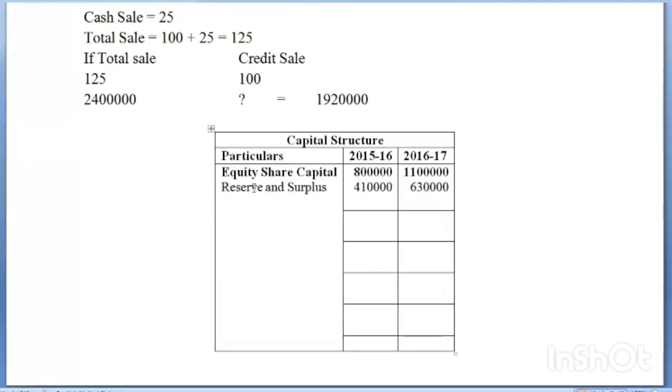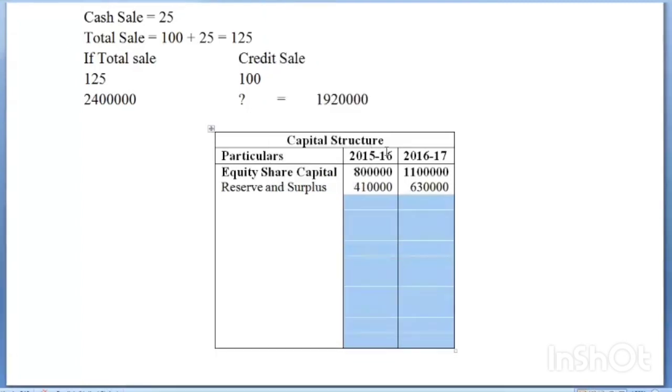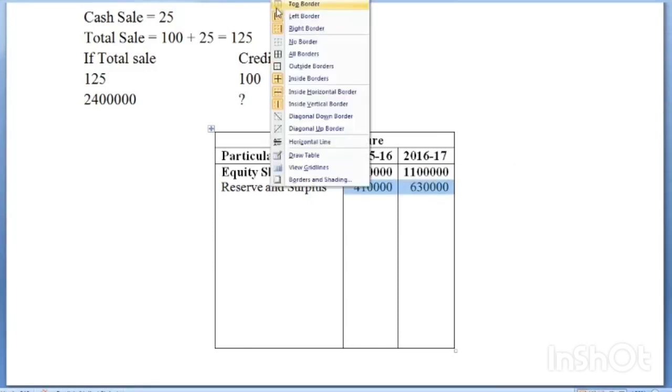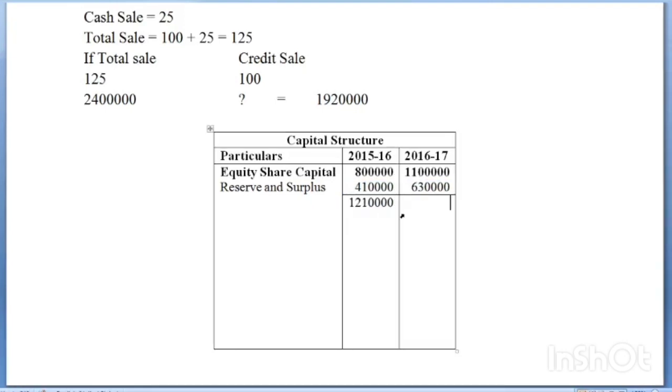Okay, total of it. Let's take the total. So what is the total? 12 lakh 10,000 and 17 lakh 30,000.